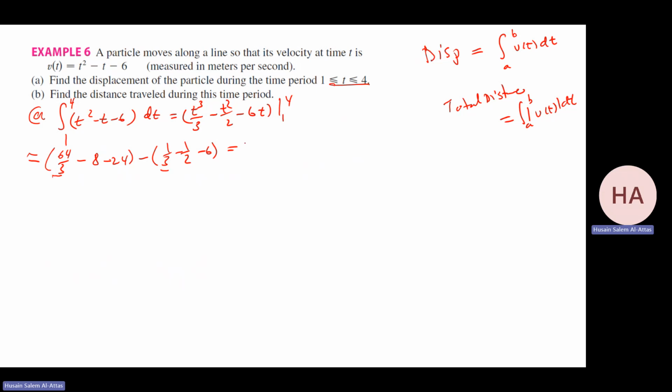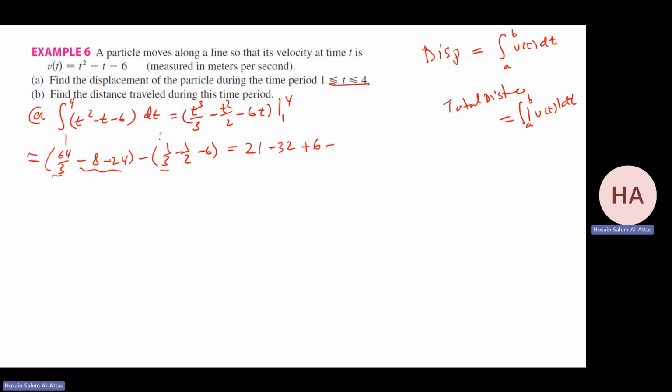That's 63 over 3, which is 21. This is minus 8 minus 24. That is minus 32. Then I have plus 6.